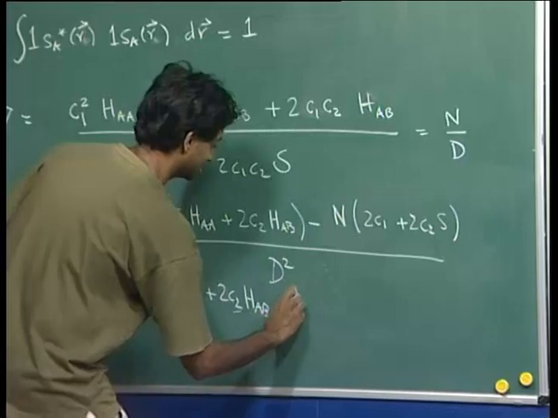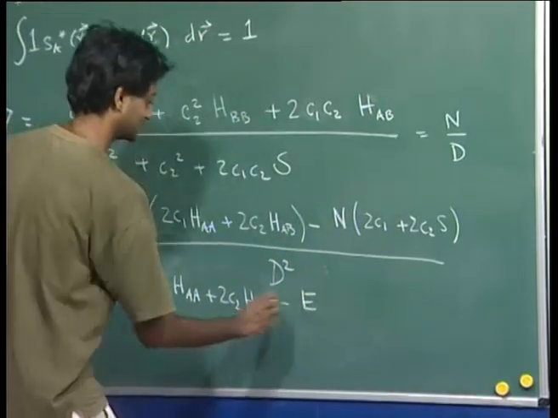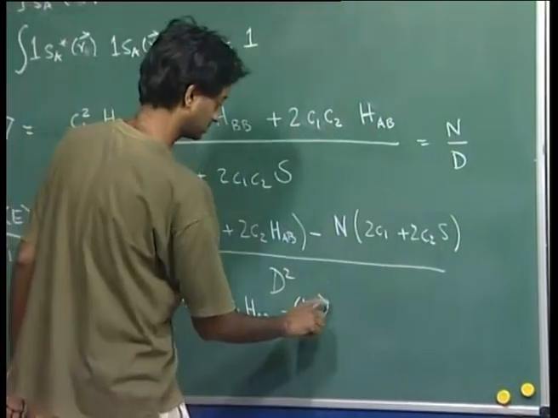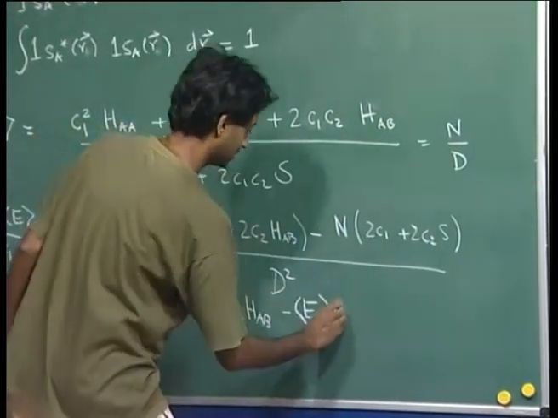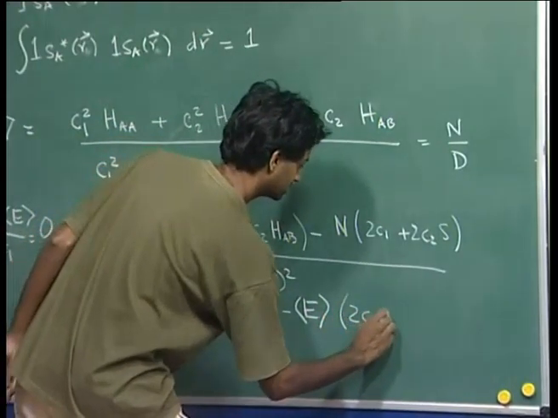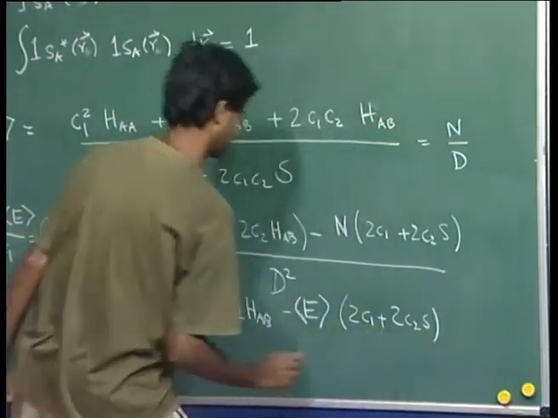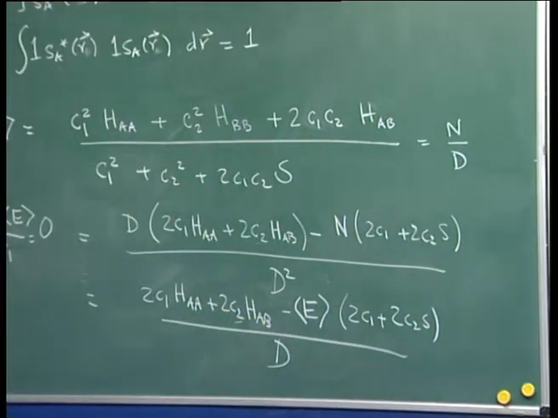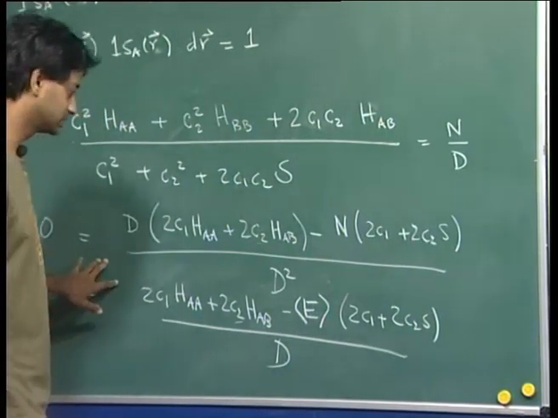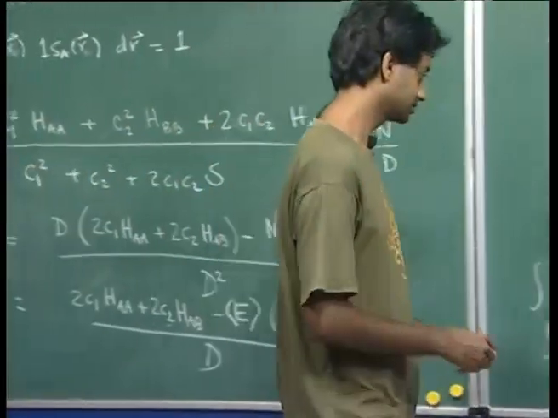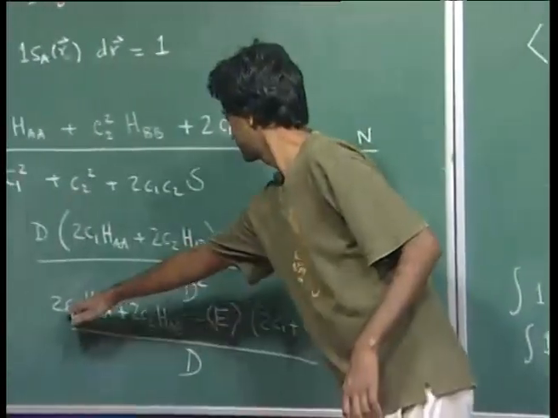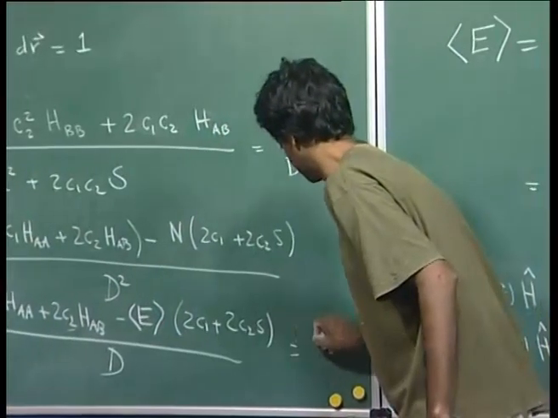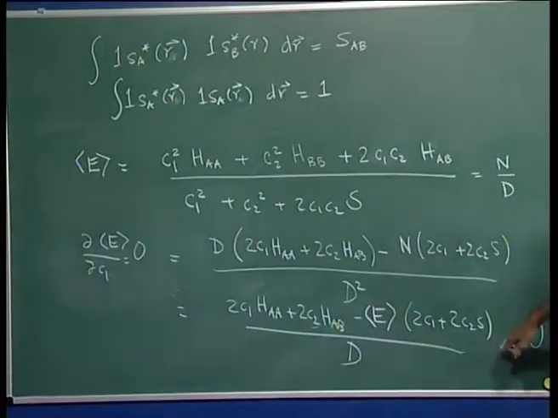N by D is nothing but this E. So E times 2 C1 plus 2 C2 S, divided by denominator. And if this has to be equal to 0, then basically this numerator has to equal 0.